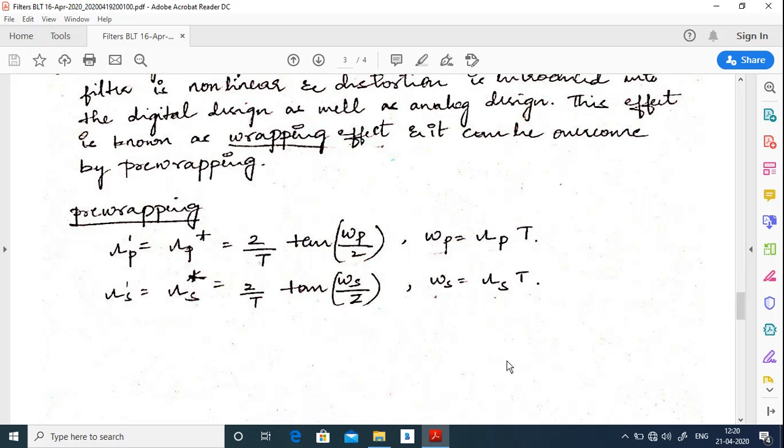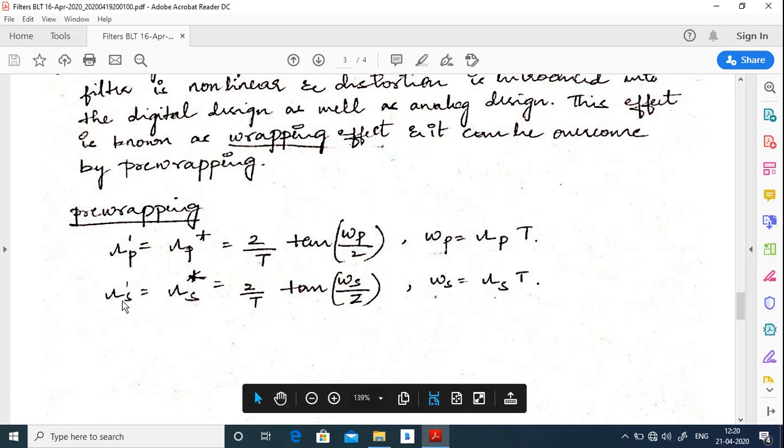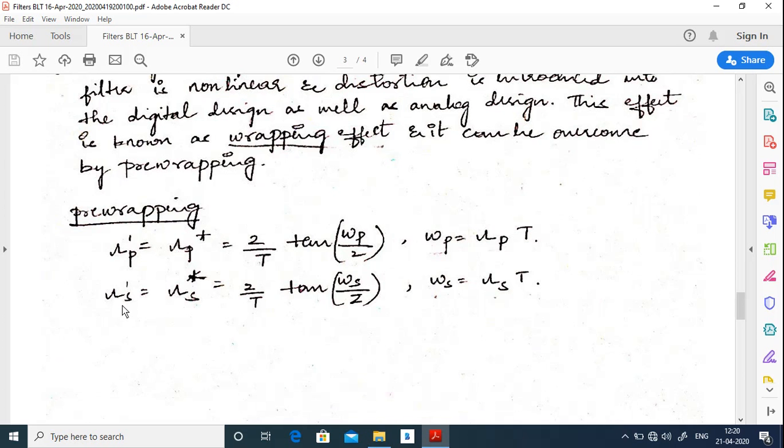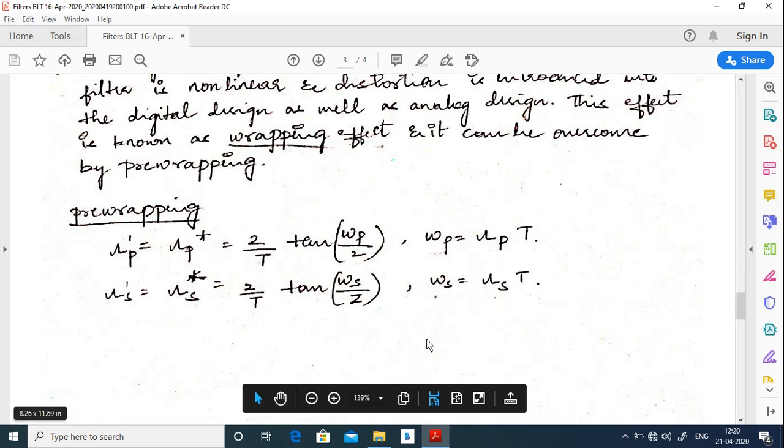From here onwards in the design, wherever you find omega p and omega s, they have to be replaced with omega p dash and omega s dash. That means omega p will be replaced by omega p dash, and omega s will be replaced by omega s dash in the bilinear transformation technique, and this will be your first step in the design.